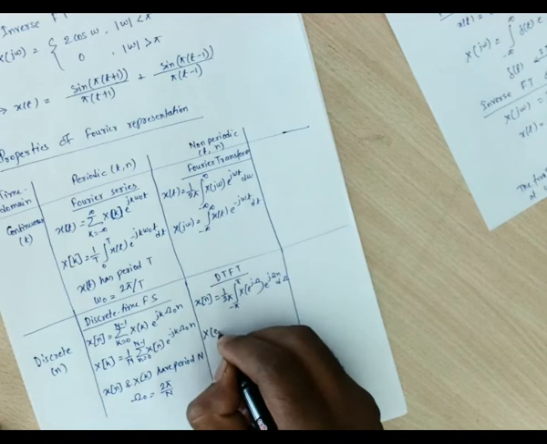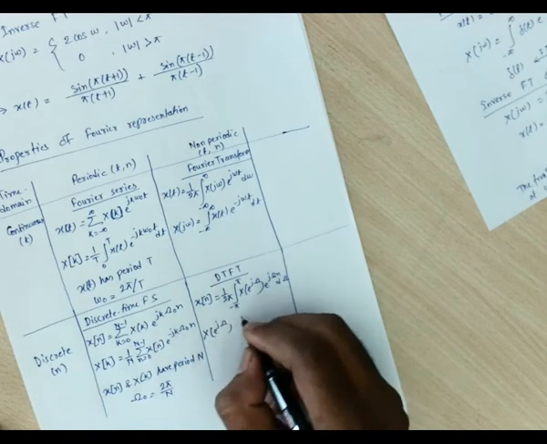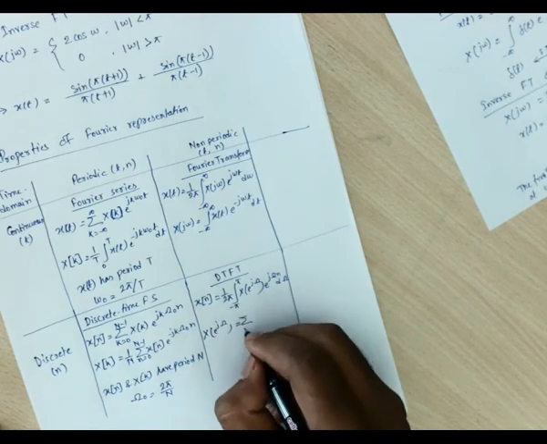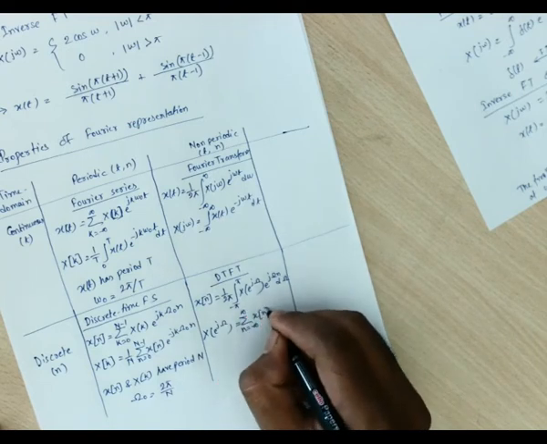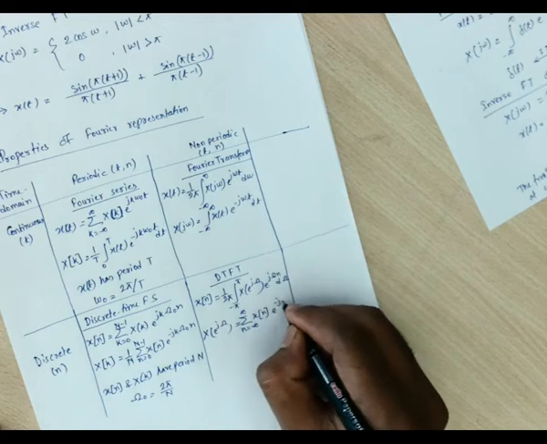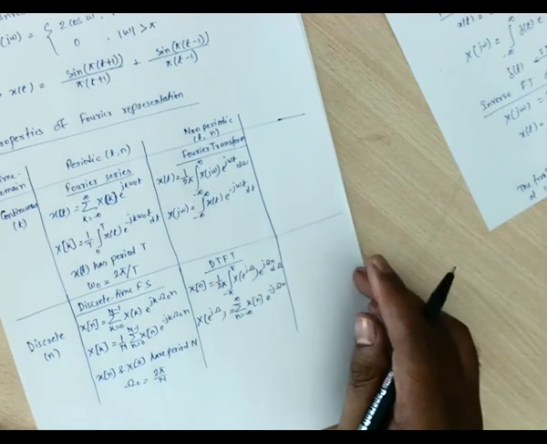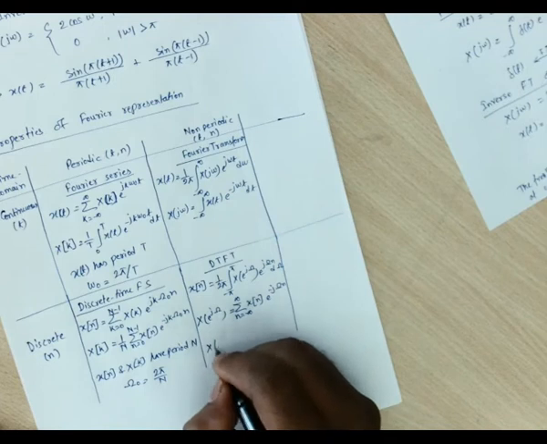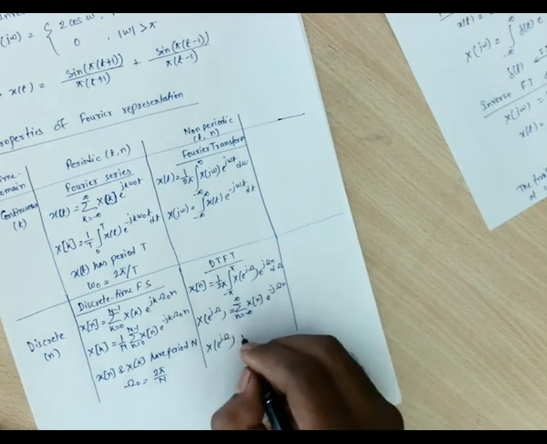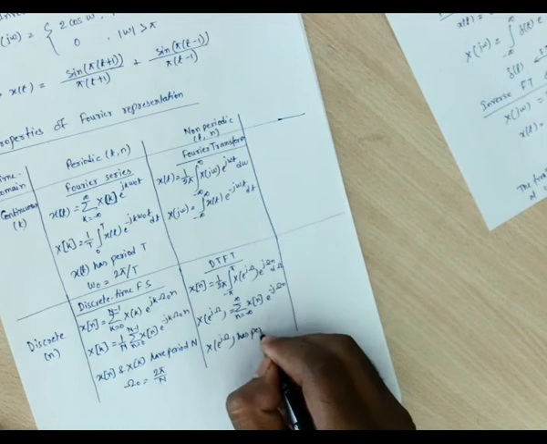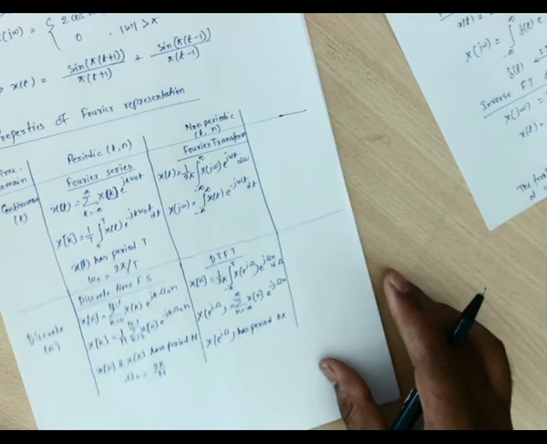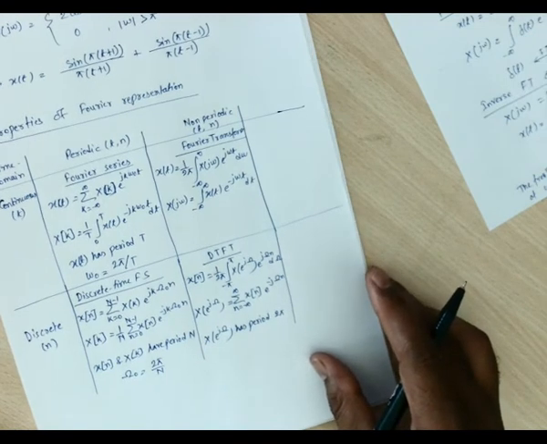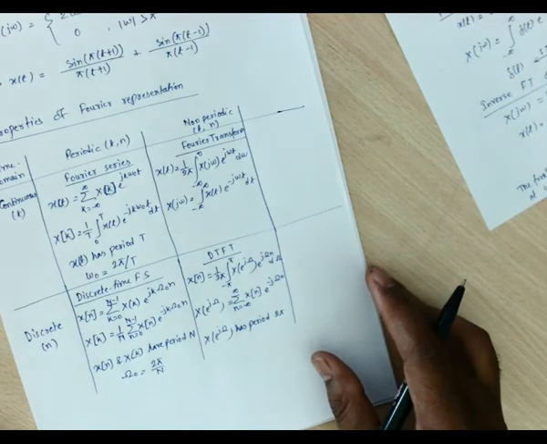This x of e to the power j omega is summation n equals minus infinity to infinity x of n e to the power minus j omega n. So here x of e to the power j omega has period of 2 pi. That is what we have considered. Clear up to this?